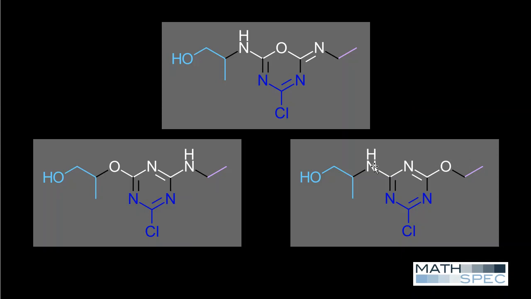There are three nitrogens in atrazine we could replace, so we could do the one on the right, the middle, or the left side. So I'm going to look at each of these possibilities.